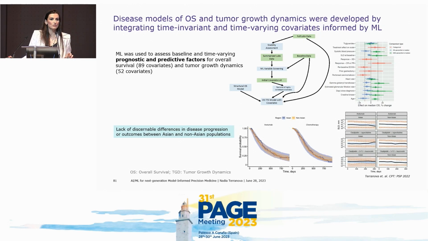But also what I want to highlight is that this work was very important from a model-informed drug development point of view to show the lack of differences between Asian and non-Asian populations, which is extremely important to design Asia-inclusive trials, in this case for gastric cancer, in the post-induction setting.